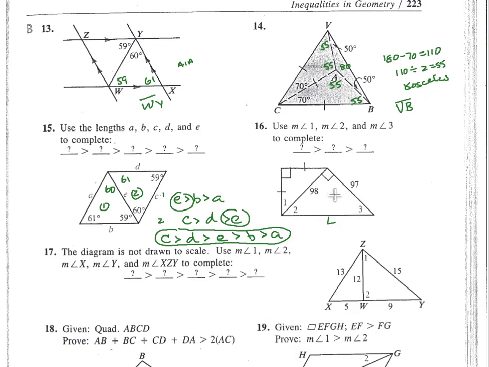Looking at number 16, we're looking for 1, 2, and 3 to see which one's bigger, and these aren't necessarily drawn to scale. So using one triangle, we can figure out the relative lengths of the sides. The bottom side is going to be the longest, and the side next to the 98 is going to be the shortest side. In the other triangle, the longest side is the side opposite the right angle, which is the shortest side for our new triangle, and so that sets the order up for us.